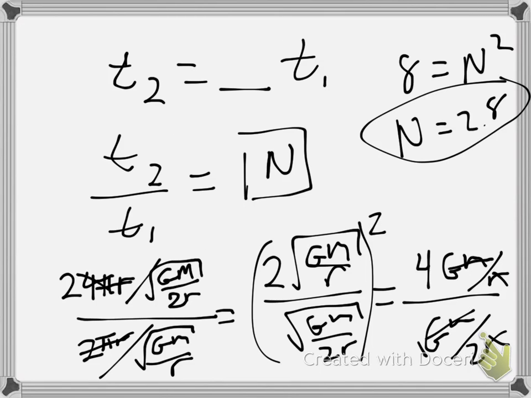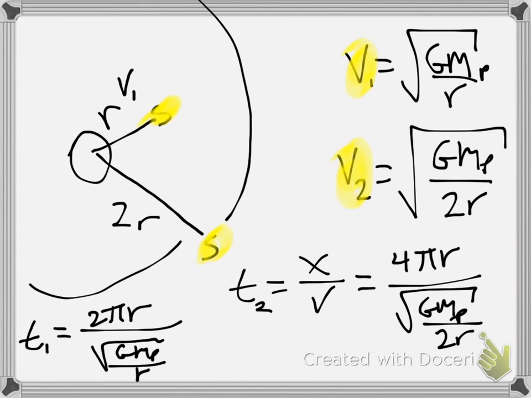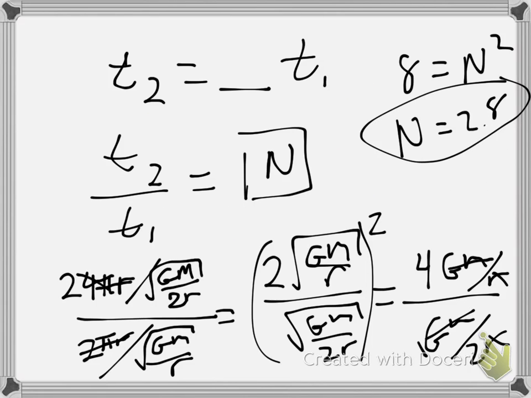So then I'm saying that's V1, that's the original orbital velocity. If we double the radius, now the orbital velocity is this, the square root of GM over 2r. And then I said, okay, well, time is the distance over velocity. So I take those two terms, and then it's just a fraction, and I need to see what the number was.